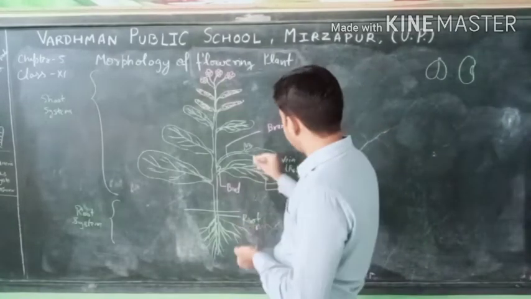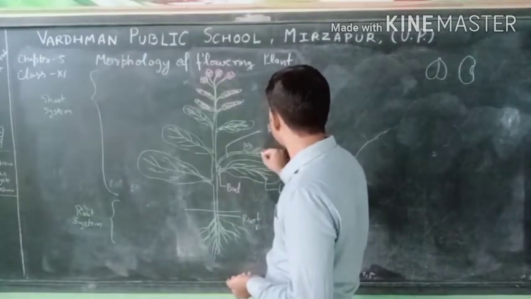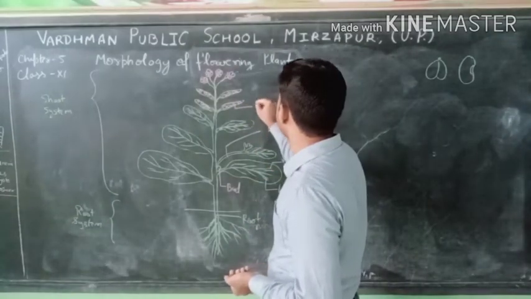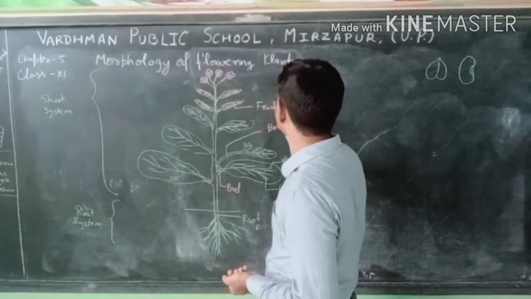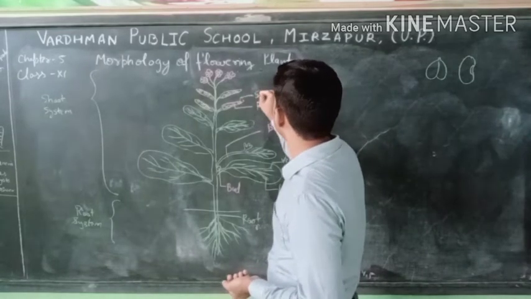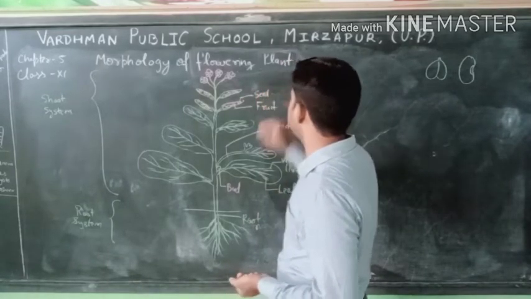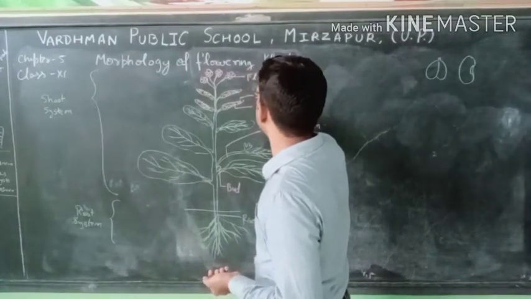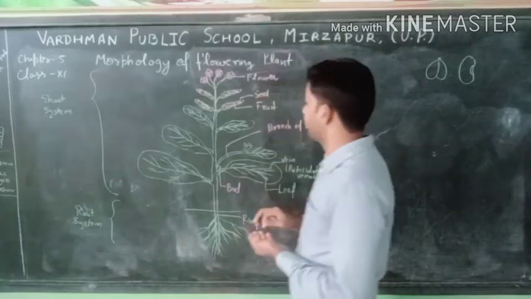This is a stem branch. Now, this is known as fruit. The fruit consists of a number of sheaths, and the outermost part consists of a number of flowers.